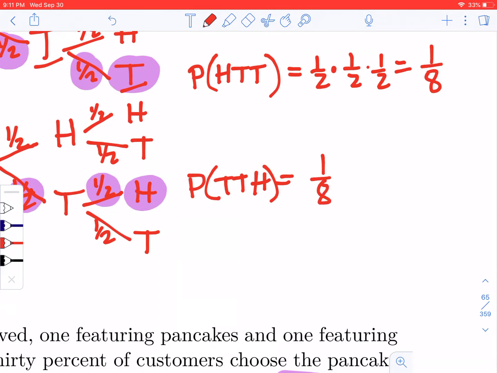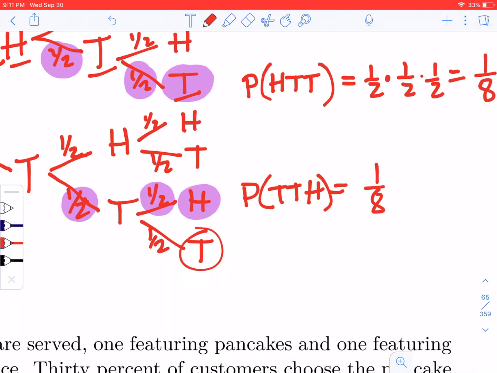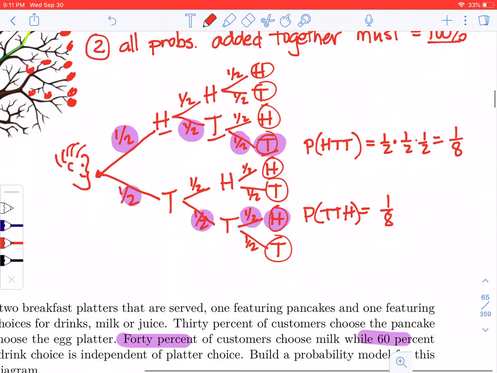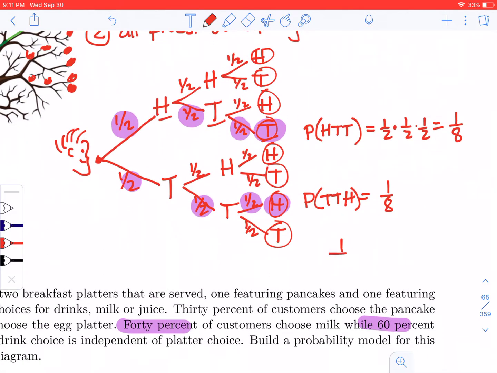And that's good to know because we have 8 leaves, so we have 8 outcomes for this particular problem, and if we add up 1/8 8 times, that's like taking 1/8 times 8, which is 1, which is the 100%.